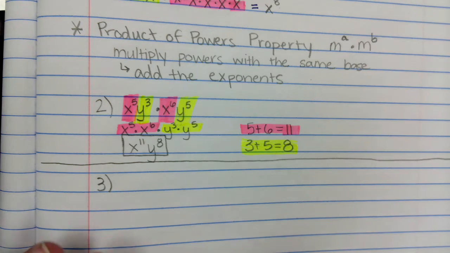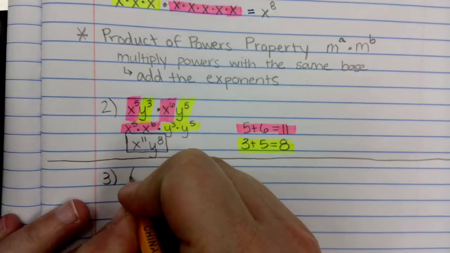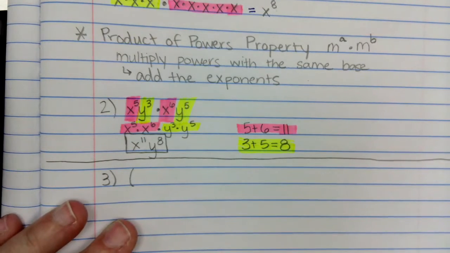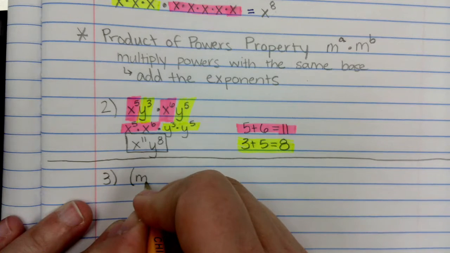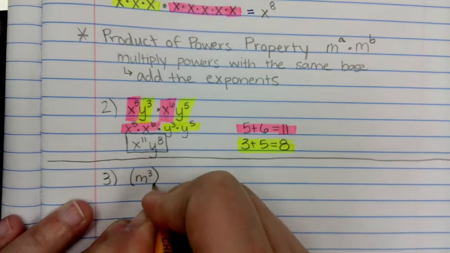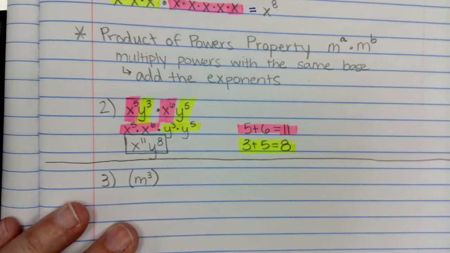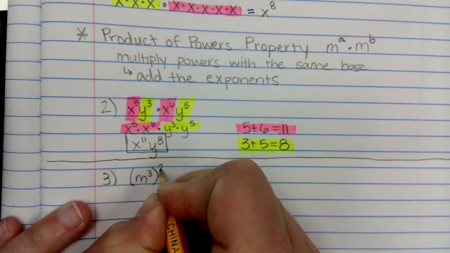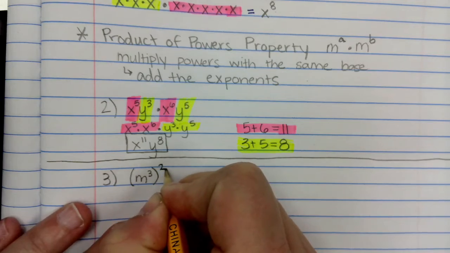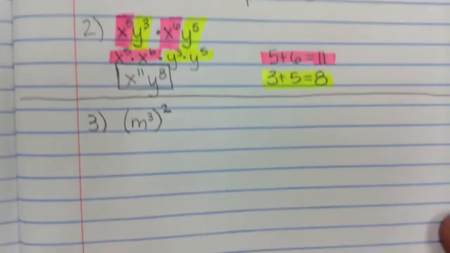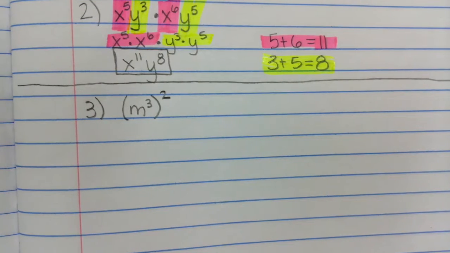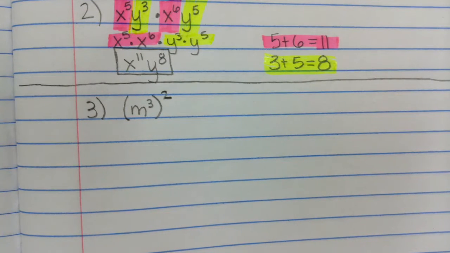So in number 3, we're going to have in parentheses, so the quantity of m to the 3rd power, and then on the outside of the parentheses is to the 2nd power. So we have 2 exponents, 2 powers. So what does this squared mean?